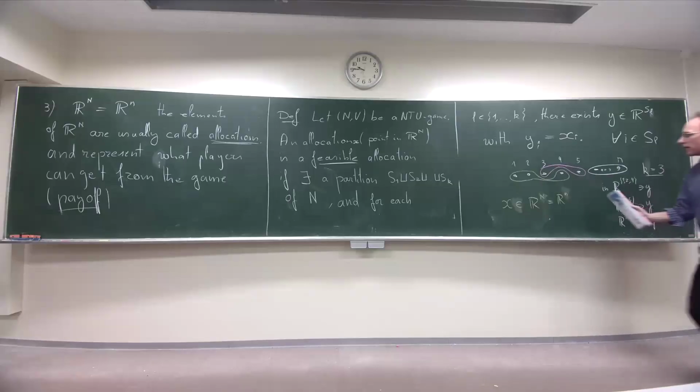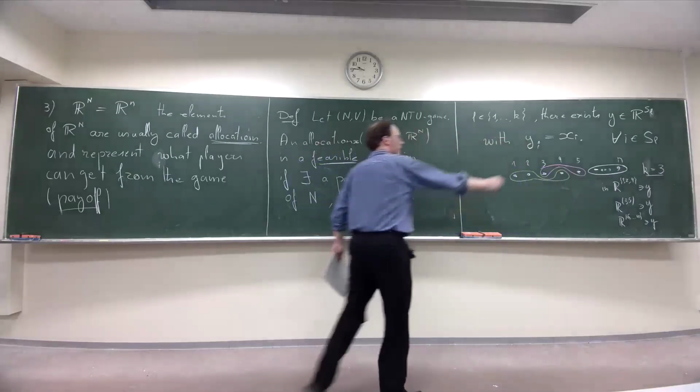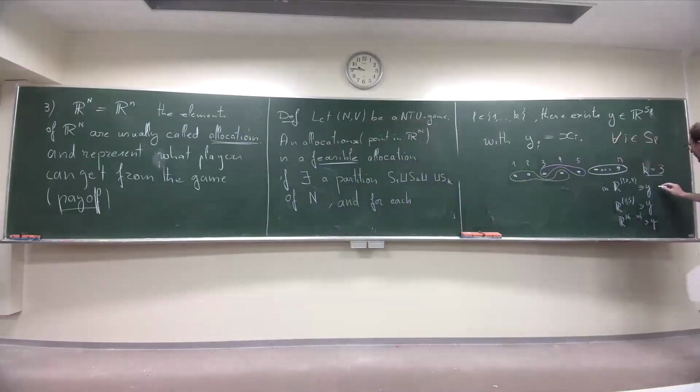And the condition is that here, this vector is equal to x1, x2, x4. This one is equal to x3, x5. And this one is equal to x6 up to xn. So x is one point with n variables. I call it feasible if I can subdivide.